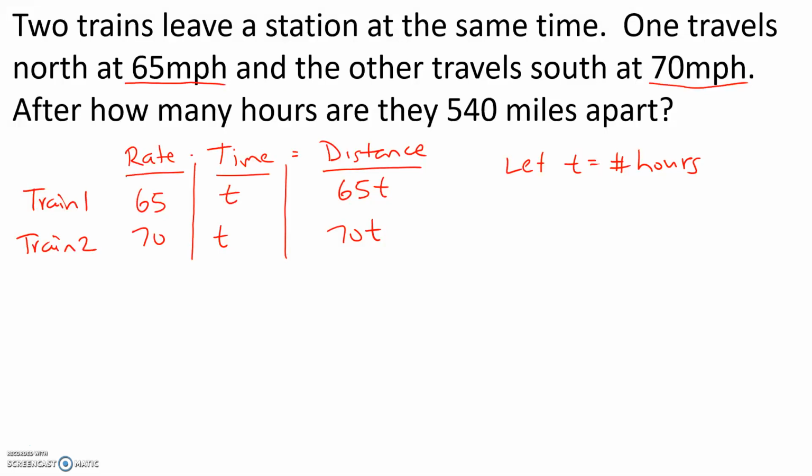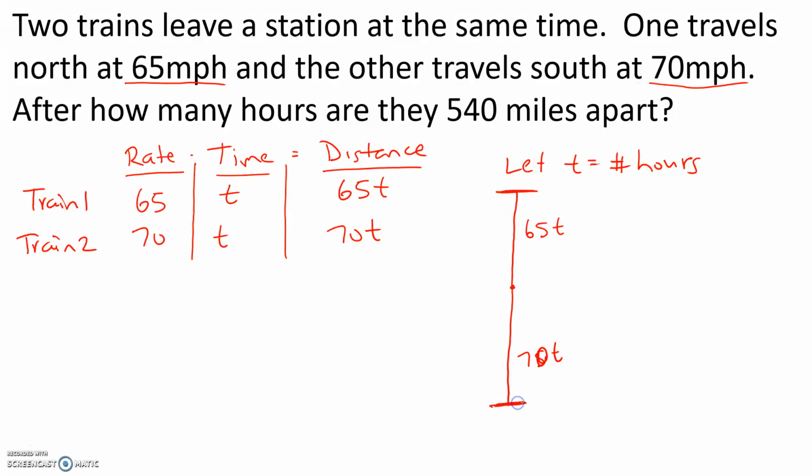Now here's what's going on. You have one train that travels north, and the distance traveled is 65t. The other train travels south, and the distance traveled is 70t. Now the question is, after how many hours are they 540 miles apart? So the distance of each train isn't 540.